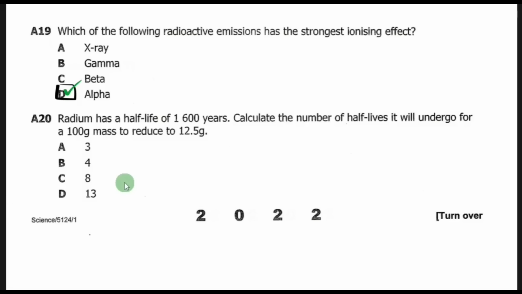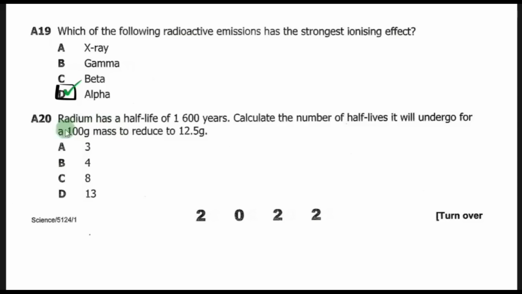So if you are given 100, the half of 100 is 50. If this sample has to decay from 100 to 50, the time period taken to decay from 100 grams to 50 grams, we call that time period the half-life.